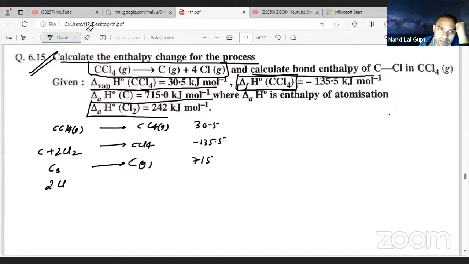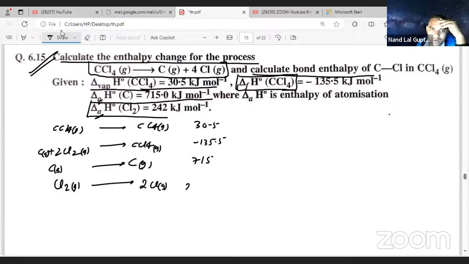Cl2 is converting into 2Cl. Atomization means converting into atoms. This is solid, this is gas, and here is going to be gas. And here the energy is 242.